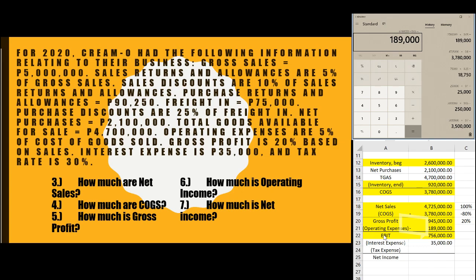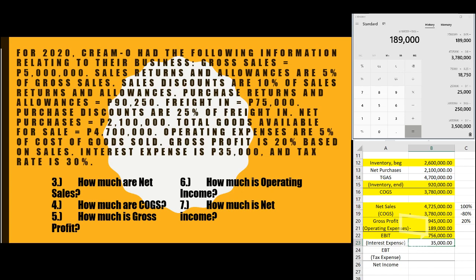So, bago natin i-multiply kasi 'di ba ang tax rate is 30%, we first have to subtract the interest. Once again, tax rate is based on earnings before tax. So, para mas madali siguro, dadagdagan ko siya ng isa pa. Lagyan natin to ng EBT, earnings before tax. Okay? So, masosolve natin to.